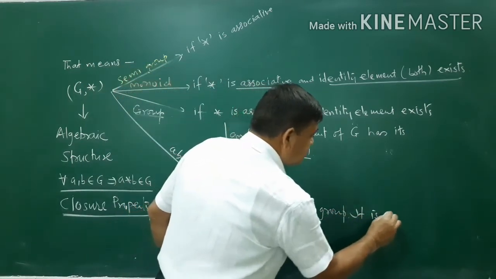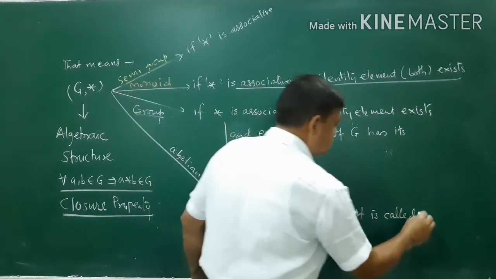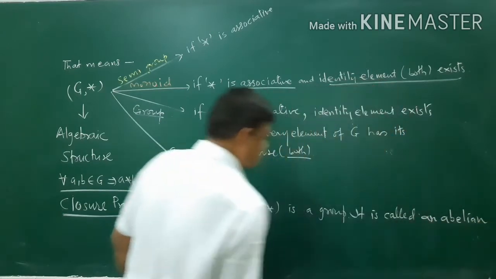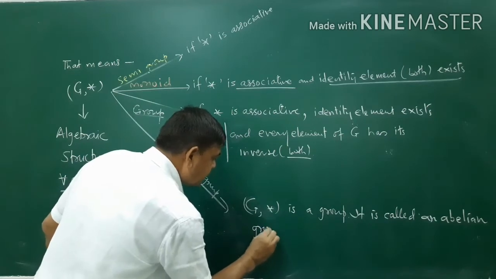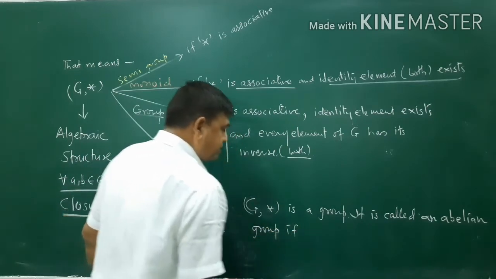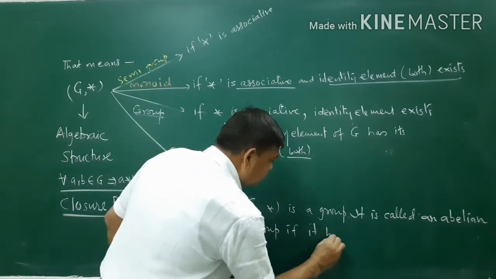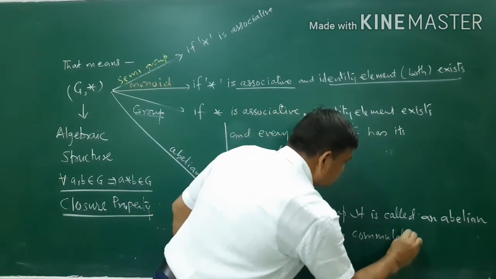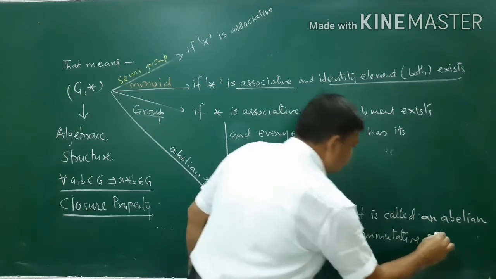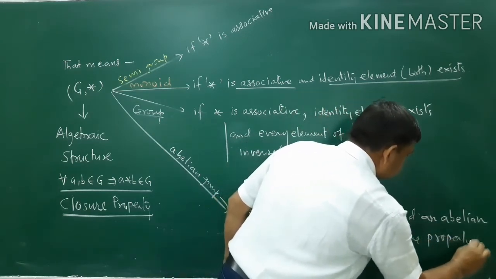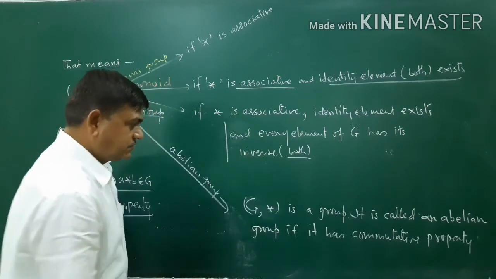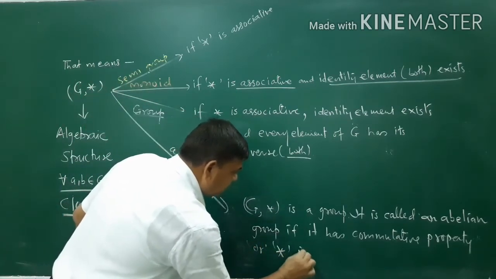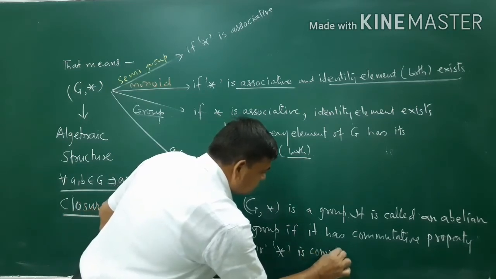It is called an abelian group if it has the commutative property, or this operation is commutative.